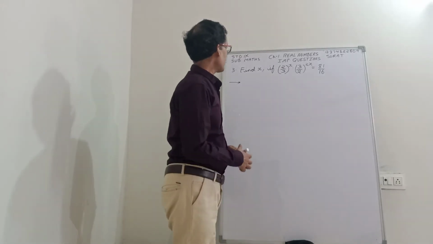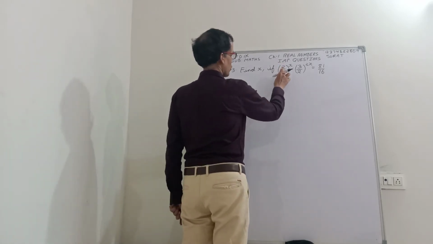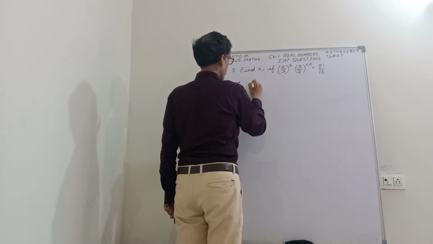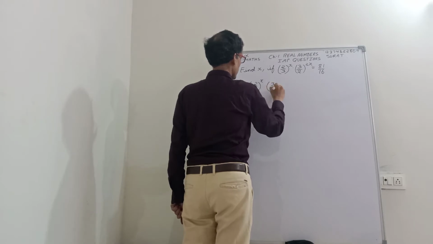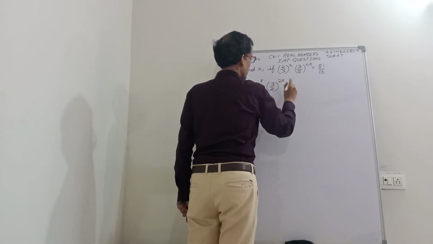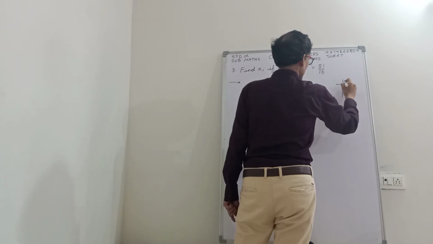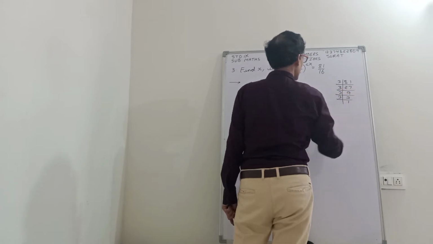In the third sum, we have to find x. See in this, it is 2 by 3 power x, times 3 by 2 power 2x. Again, do the factorization of 81: 3 27s are 81, 3 9s are 27, 3 3s are 9, 3 1s are 3.